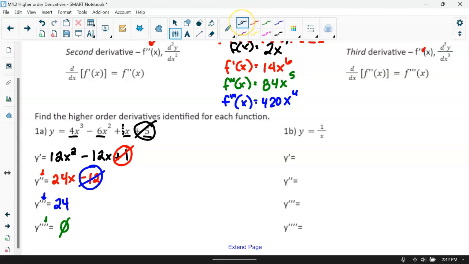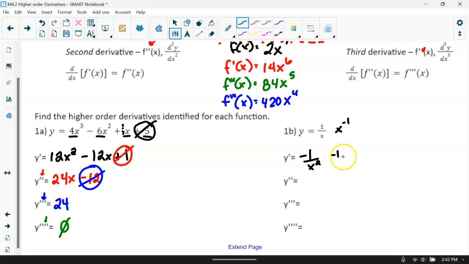Here, if you need to rewrite this, this is 1 over x, just like before. So we're starting with x to the negative 1. The derivative is negative 1 over x squared, because we bring down and subtract 1.